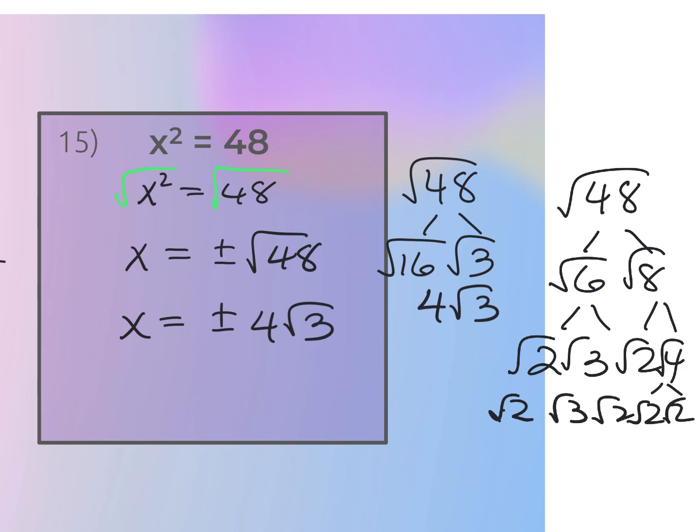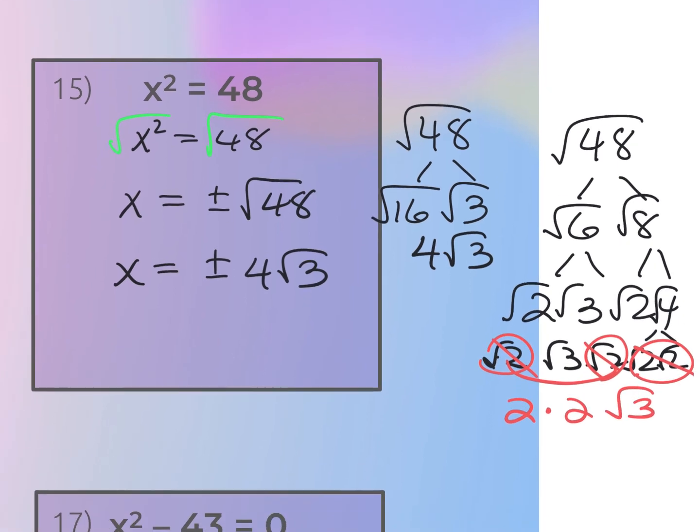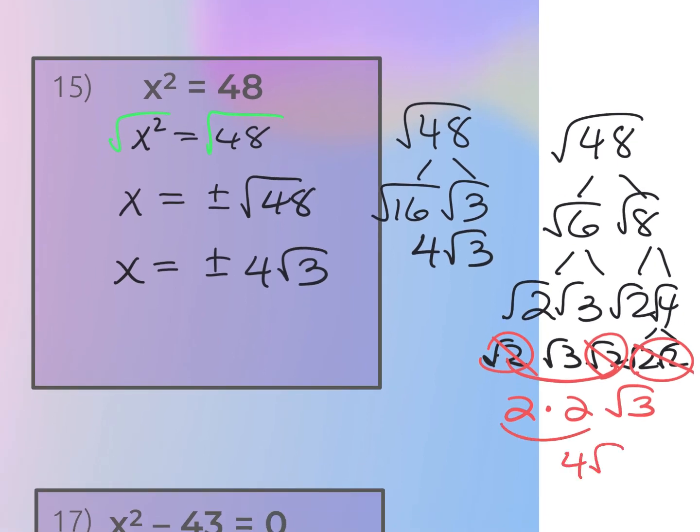Look for pairs. Got a pair of 2's here. And then this one pairs with this one. So a 2 comes out of that one. A 2 comes out of this one. And the 3 doesn't have a pair. Multiply everything that came back out. And there's the same answer I got when I just did 16 times 3.